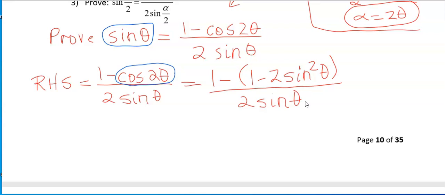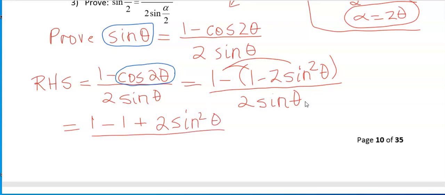Your next step obviously would be to remove the brackets. And now there's a minus in front of those brackets, so obviously that's going to change the signs of what's inside. So it's going to become 1 minus 1 plus 2. Oh my goodness, look how easy this is now: 2 sine squared theta over 2 sine theta.